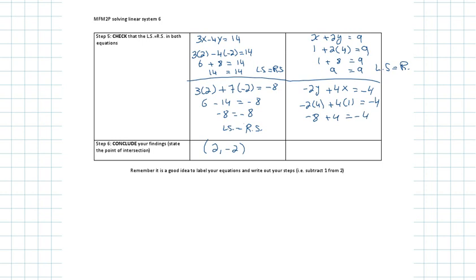Negative 8 plus 4 is negative 4. Left side equals right. So what's my end solution? What do I write in my brackets? 1, comma, 4. Why 1 first? Because that's your x value. Excellent. Good job.